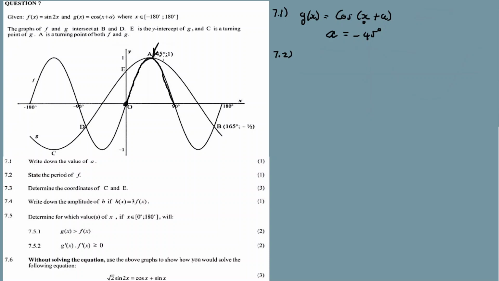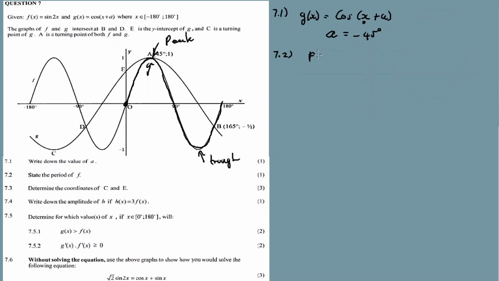This is the crest or the peak, and this is the trough. One complete wave gives us the period of the graph in degrees. The period of the graph is where the graph completes one complete wave.